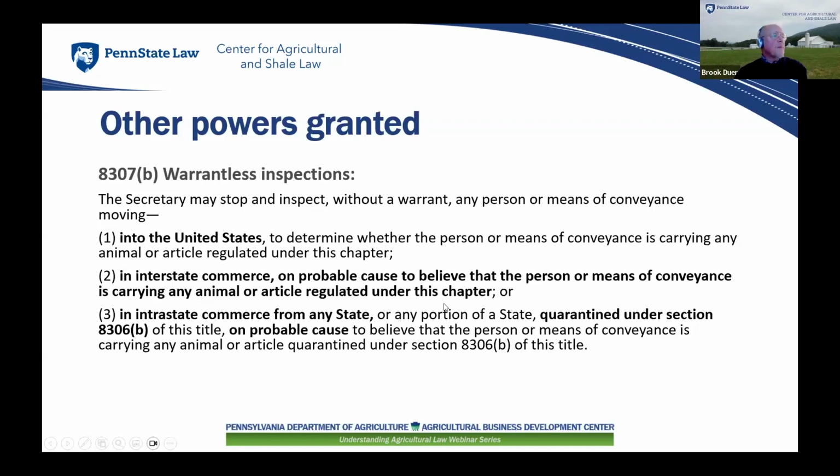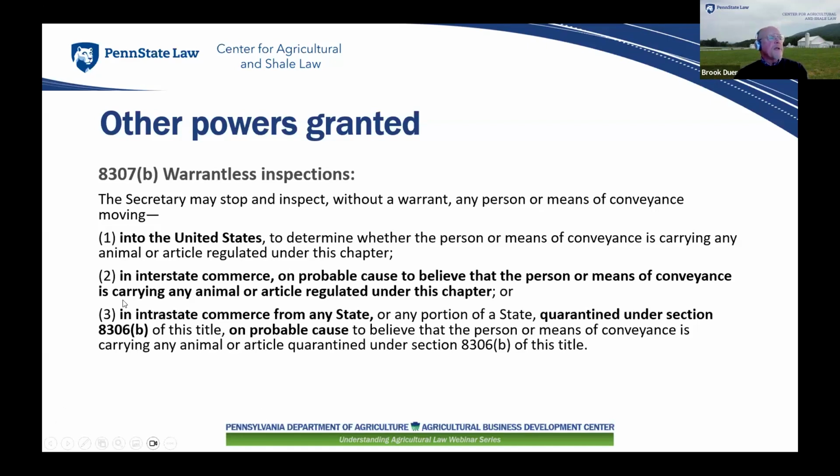And then, on probable cause to believe the person or means of conveyance is carrying it. And then here, you're actually carrying an article, or excuse me, an animal or an article that is under a quarantine order, and you've moved it in some way in interstate commerce.